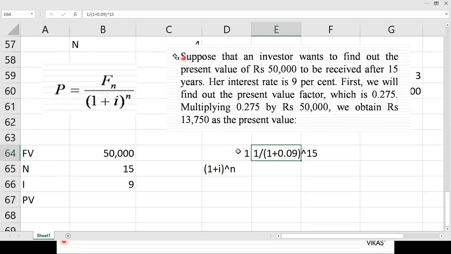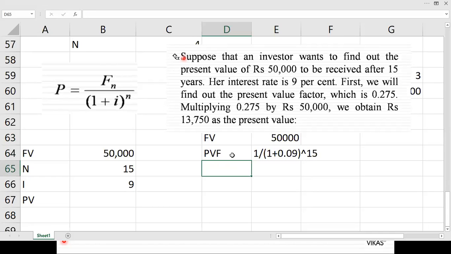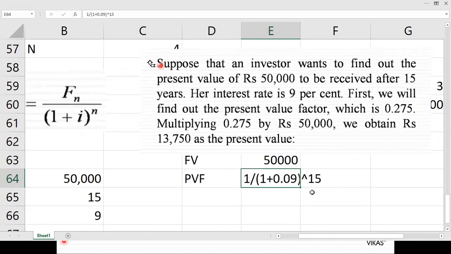The future value is 50,000. This is the present value factor: 1 over 1 plus 0.09 to the power 15.